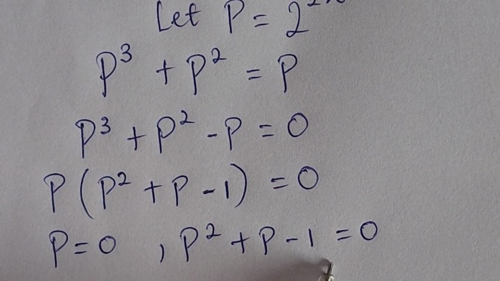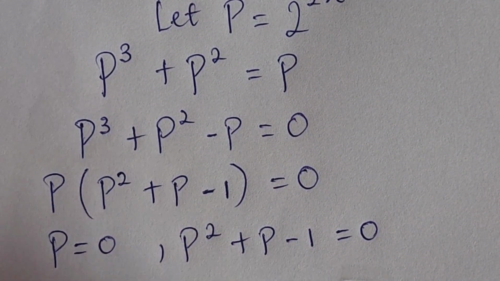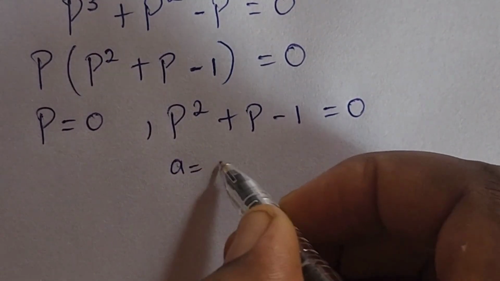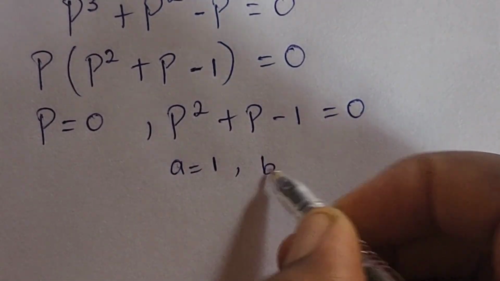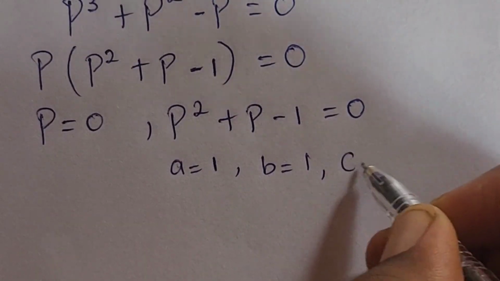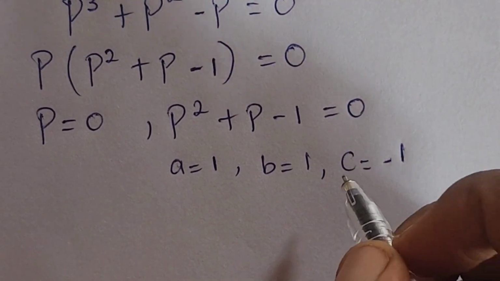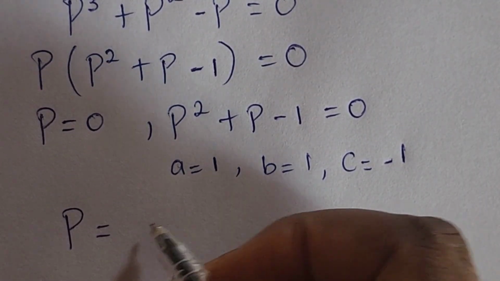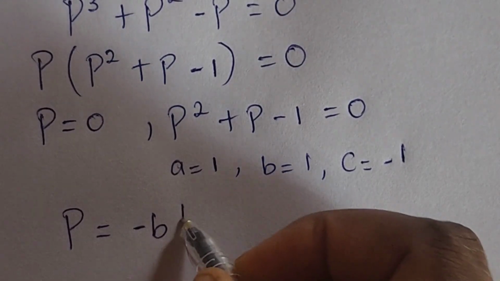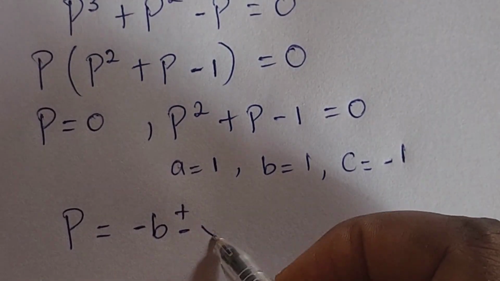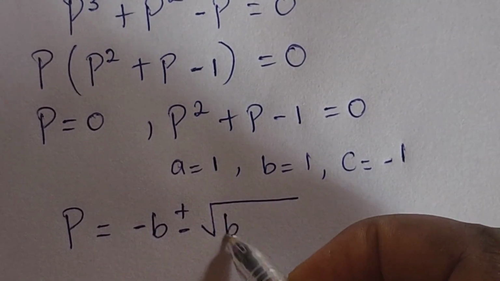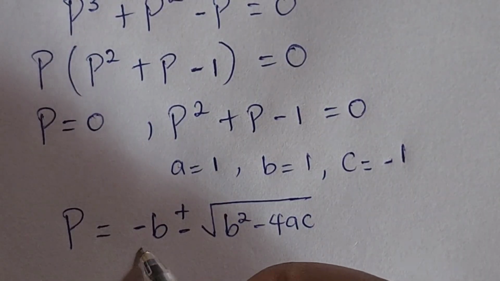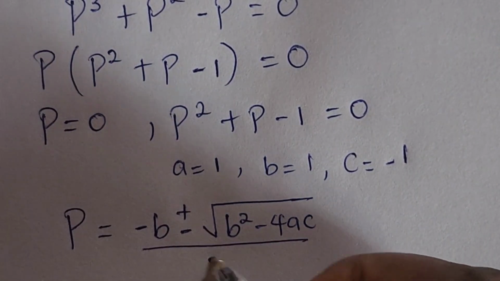So we'll resolve this using the quadratic formula. We have that a is equal to 1, b is equal to 1, and c is equal to minus 1. So we have p to be equal to minus b plus or minus the square root of b squared minus 4 times a times c all over 2a.